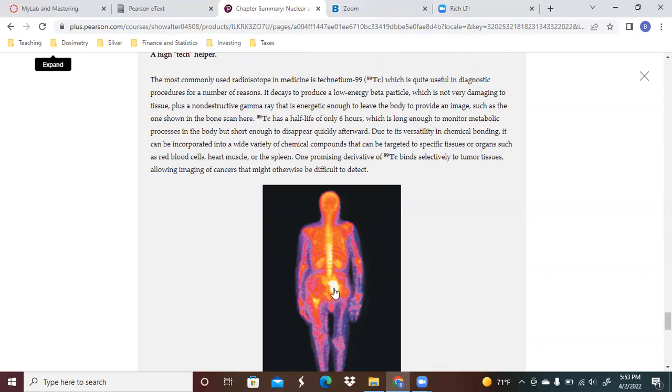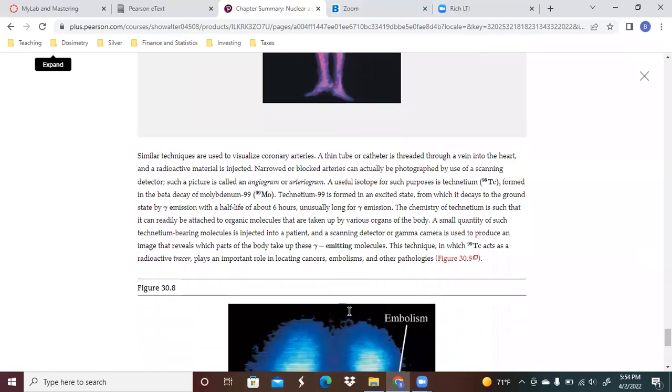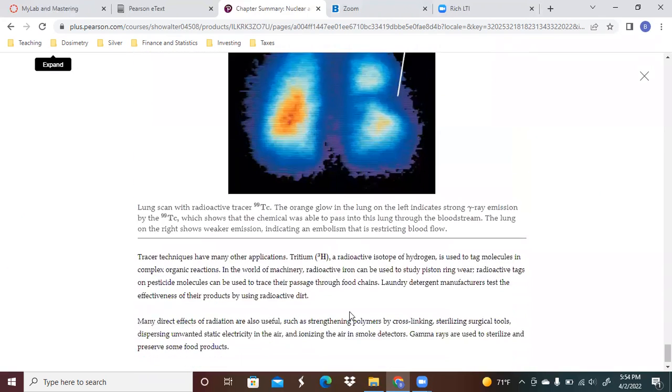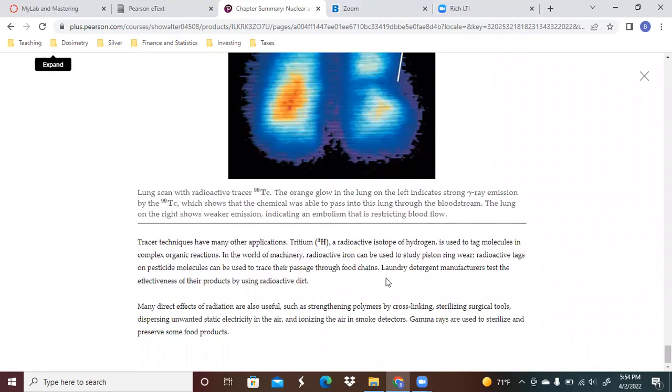It looks like there might be something going on, maybe in these bony areas right in here. So this is an application of the types of reactions or radioactivity that we see. Yes, it can actually be useful in many cases.